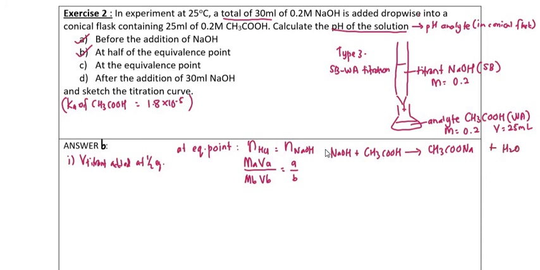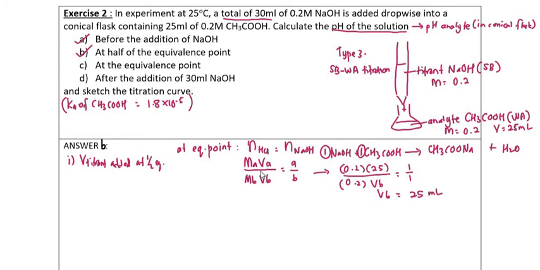Based on this, the stoichiometry is 1 here, 1 for acid. Thus, here we can calculate the molarity of acid is 0.2, the volume of acid is 25 mL, over the molarity of base is 0.2, the volume of base we want to find, 1 over 1, so the volume of base here is 25 mL.